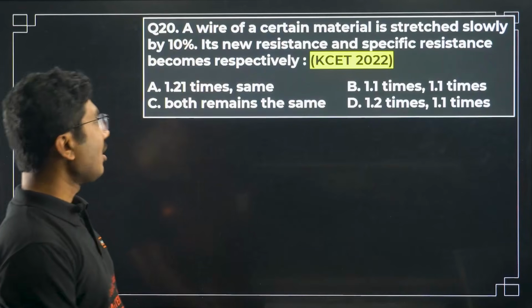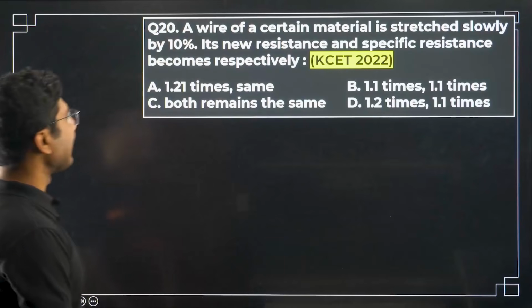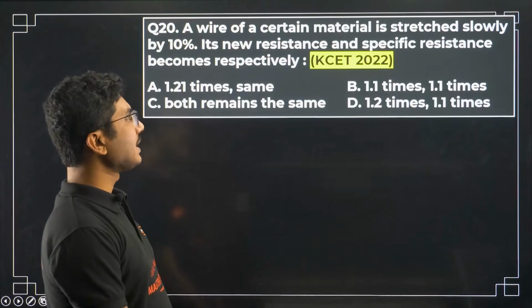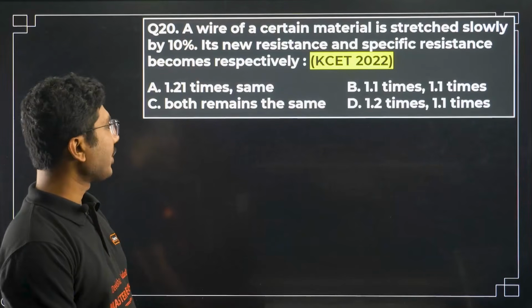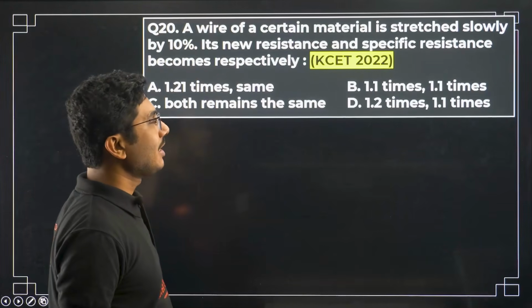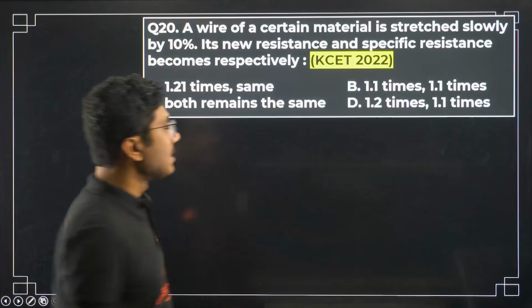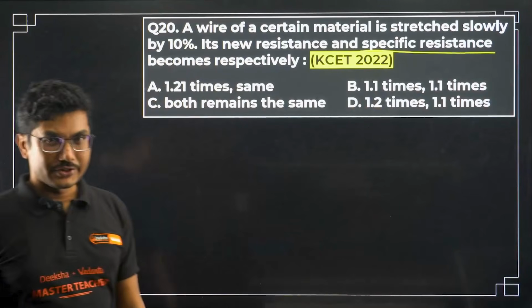A wire of a certain material is stretched slowly by 10%. Its new resistance and specific resistance become respectively. Okay. Now you have to understand that specific resistance means resistivity. It's another name for resistivity.